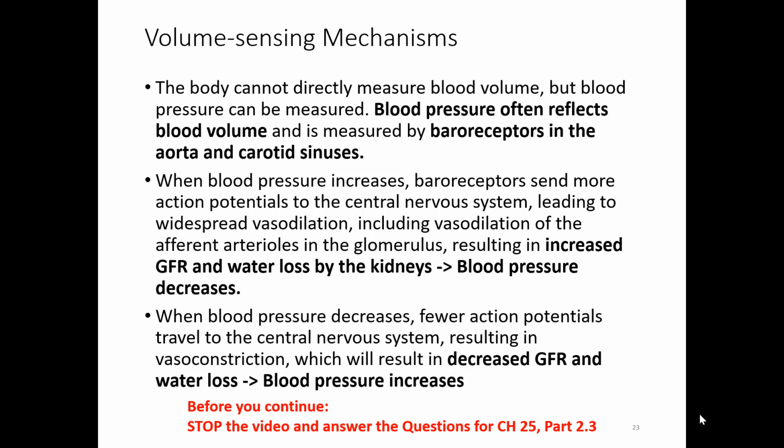To regulate our blood volume, we need to know our blood pressure, because our body cannot directly measure blood volume, but it can measure blood pressure. And when blood pressure is high, it usually means that blood volume is high also. In our aorta and carotid sinuses, there are baroreceptors, and baroreceptors can feel blood pressure.